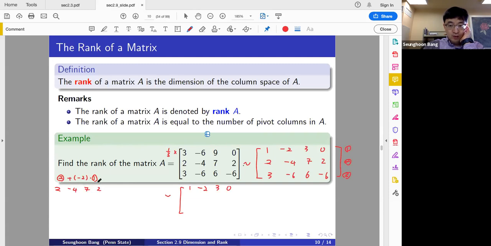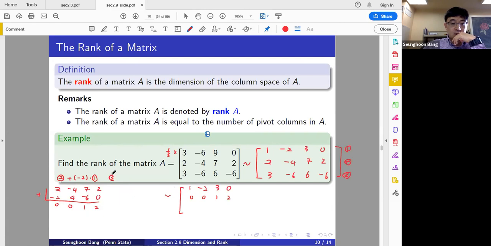The -2 times the first row: -2 times 1 is -2, -2 times -2 is +4, -2 times 3 is -6, -2 times 0 is 0. And add: we have 0, 0, 1, 2.